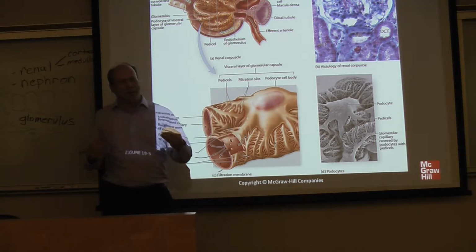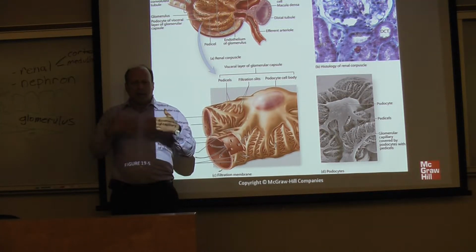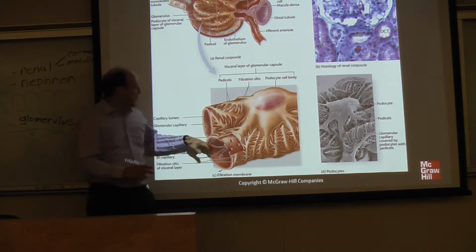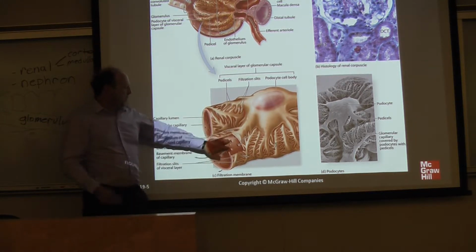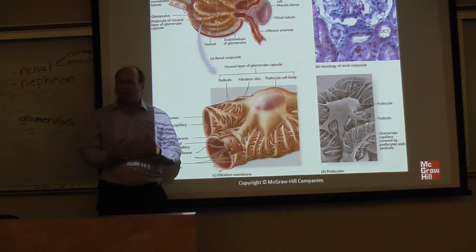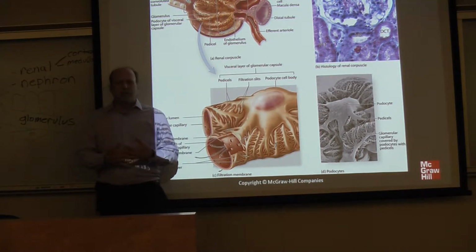That's pretty amazing. I was just saying that one of the things that's really cool about thinking about structure function on a cellular level is the cells are so small that they're small enough to be able to control molecule size. So a fenestrated capillary is similar to what we can make synthetically. We're only learning how to make filters now. There's a company, Millipore, that was specializing in filter membranes.